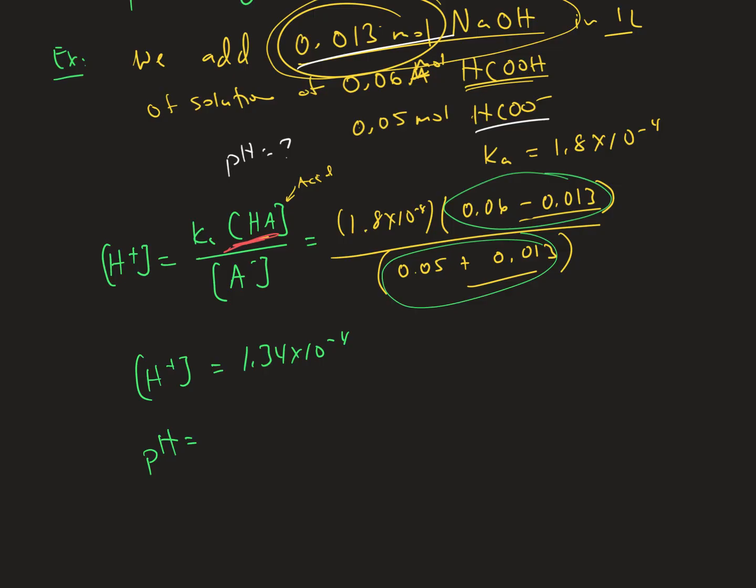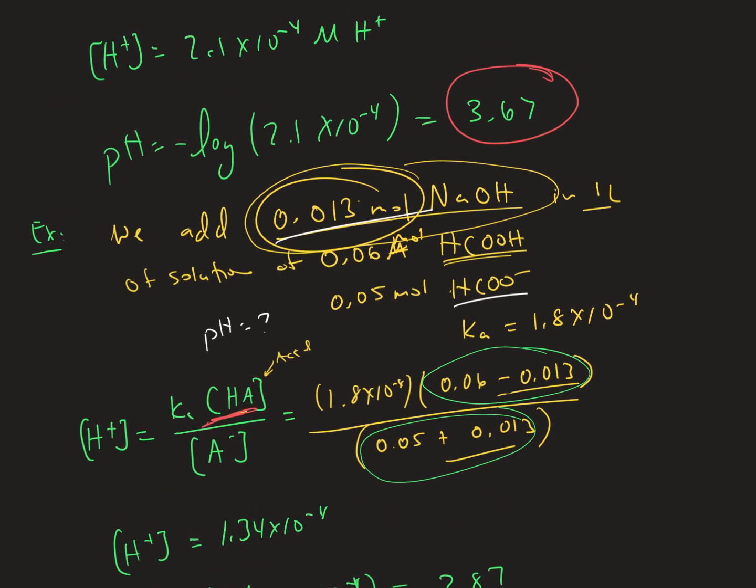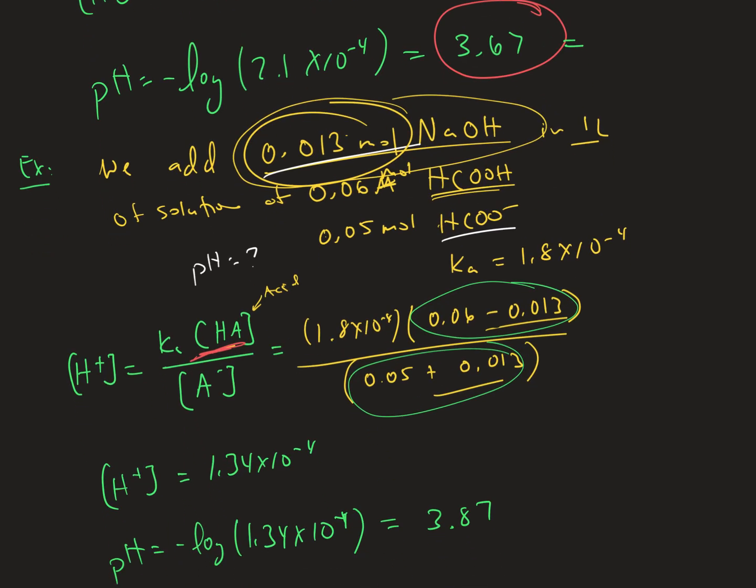Our pH is now negative log of 1.34 times 10 to the negative 4, and that's going to give us 3.87. It went up by 0.2. Didn't change it that much.